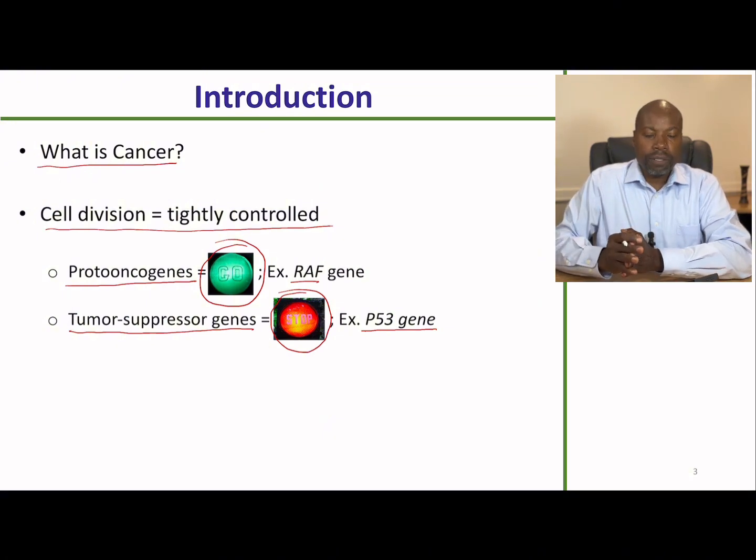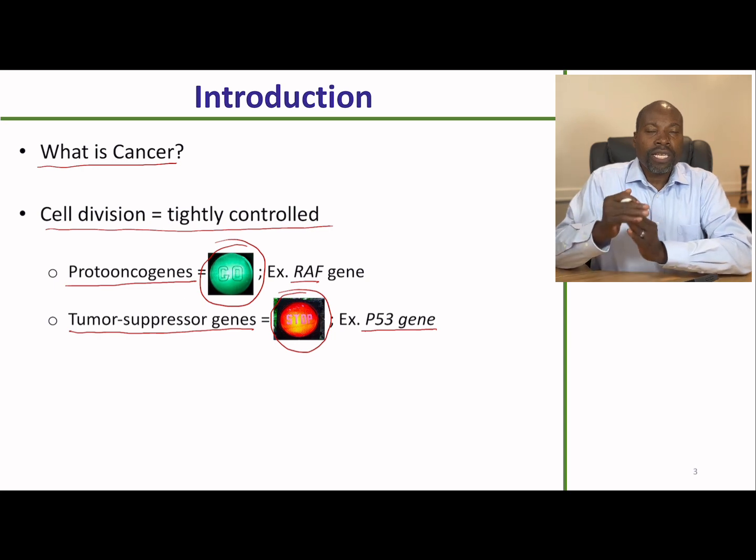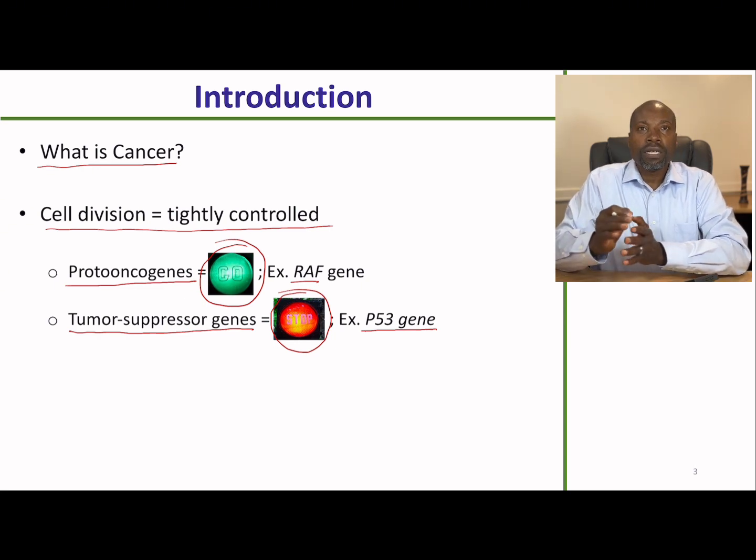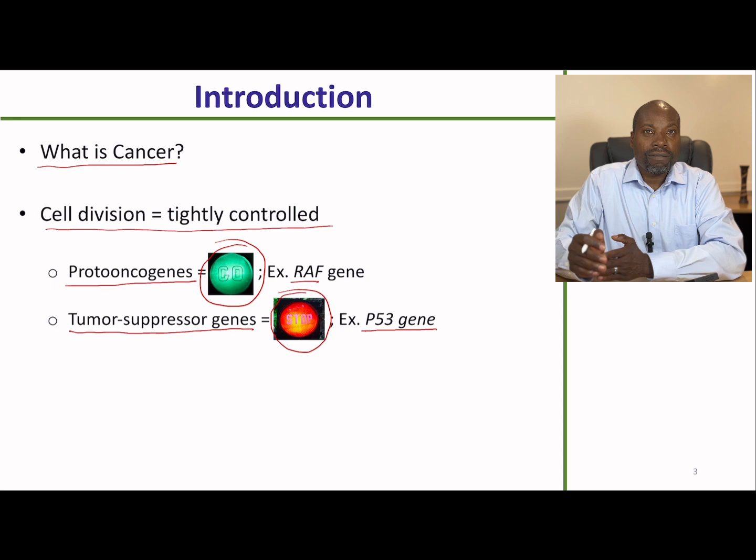By the same token, the tumor suppressor genes can be compared to the brake pedal in a car. So tumor suppressor genes, when expressed, are going to stop the cell cycle. Just like when you are driving and you hit the brake pedal, the car should be stopping, right?